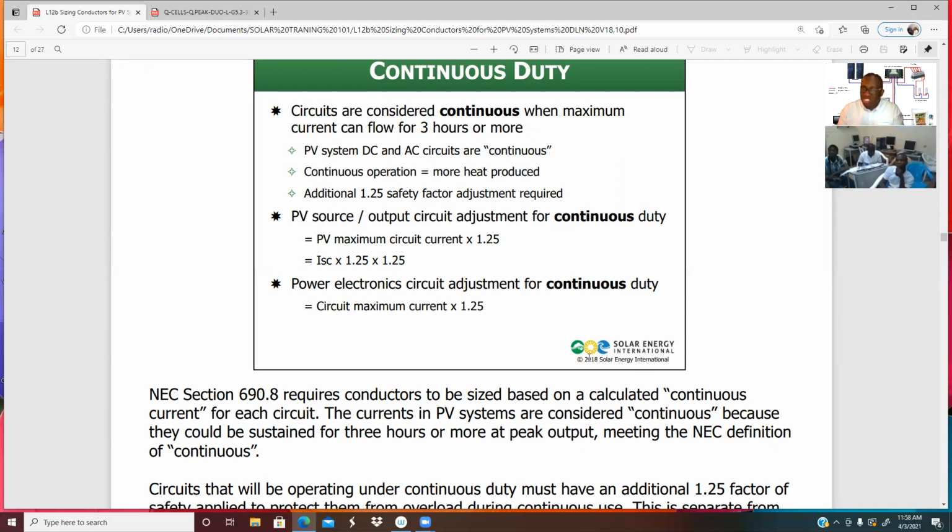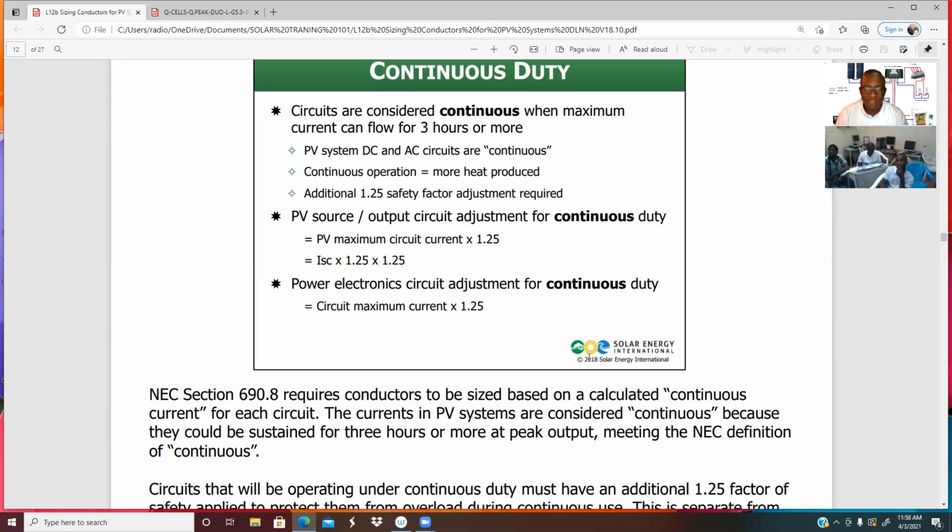It must have a continuous ability to withstand a high peak of current that is generated from the sun. Is that clear? Okay. All right.